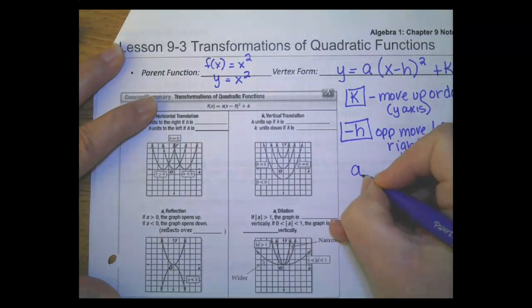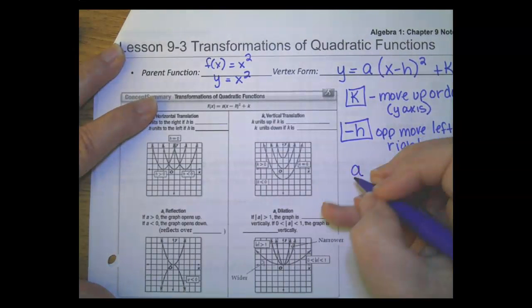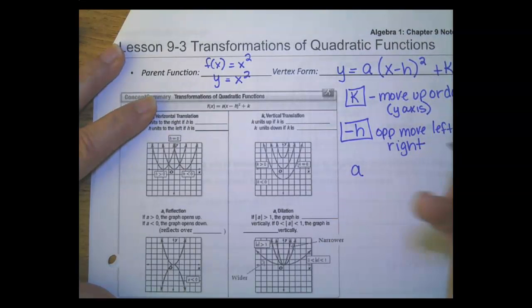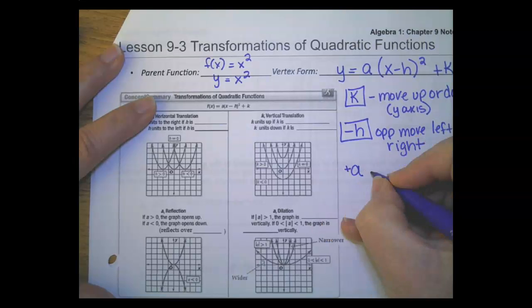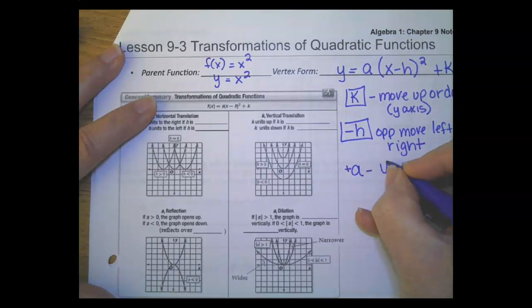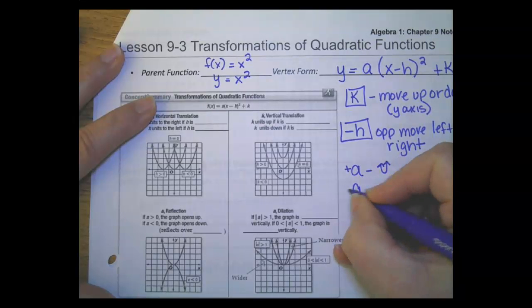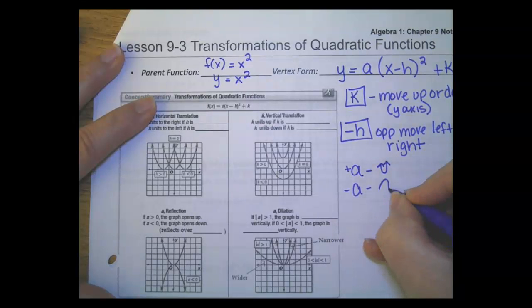Your a tells you a whole bunch of different things. If it's a positive a, that means it goes upwards. A negative a makes you go downwards.